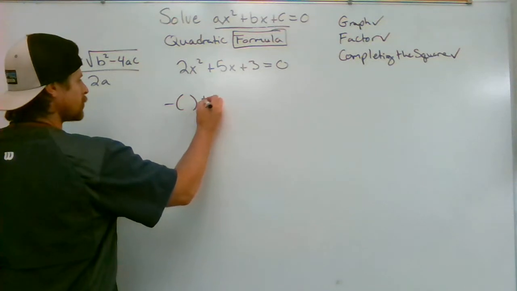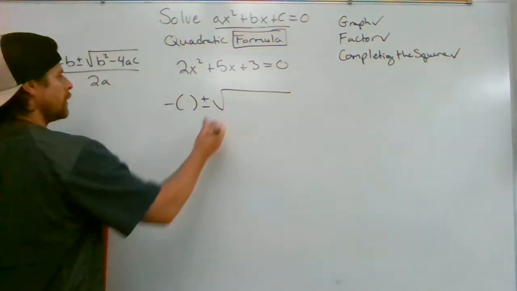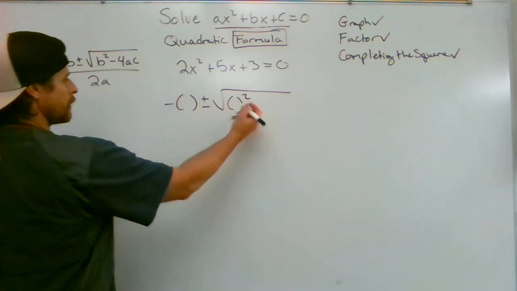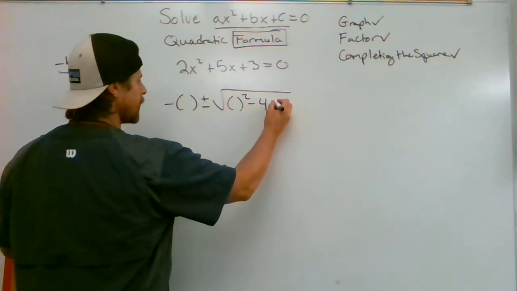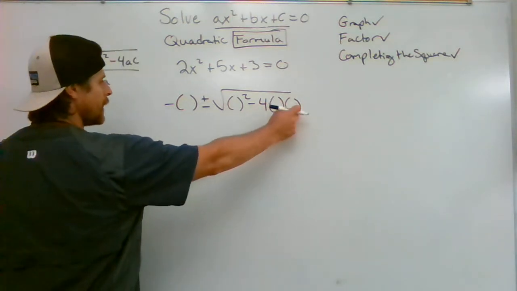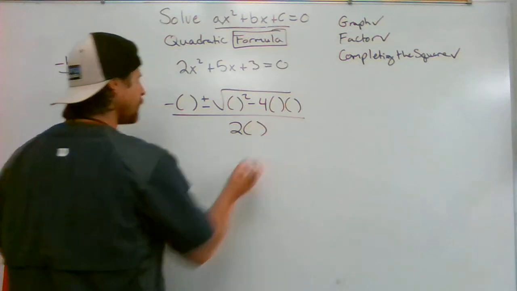I'm going to say plus or minus, and then I'm going to put that square root symbol. It's a long square root because I have information to put in. I have parentheses squared minus 4 times a parenthesis and another parenthesis because I need to put my a and my c in. And then I'm going to divide it all by 2 times parentheses.